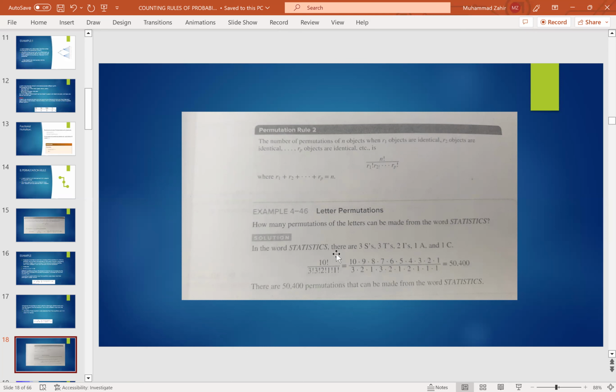In statistics, there are 3 S's, 3 T's, 2 I's, 1 A and 1 C. After multiplication and division, we have 50,400 permutations that can be made from the word statistics.